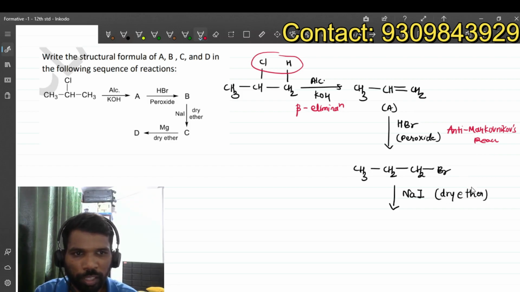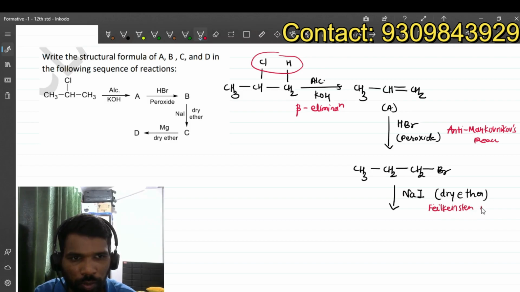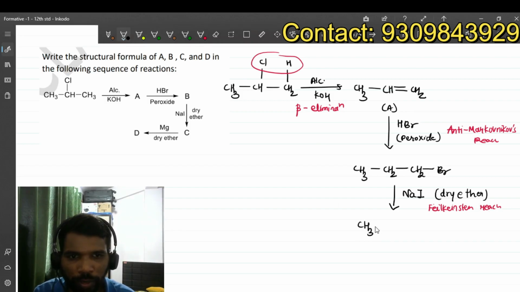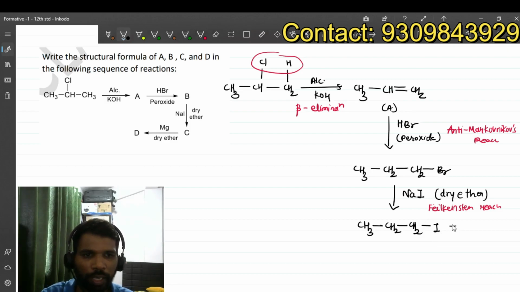This is the Finkelstein reaction. Just make a note of this. What you will get is a halogen exchange, so iodine is getting substituted over here. That is CH2I, and NaBr is a byproduct.